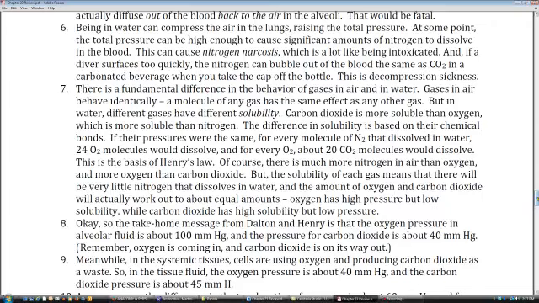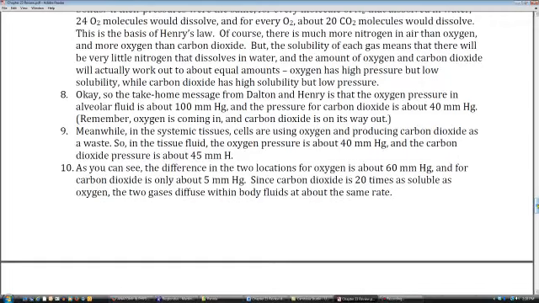So in summary then, oxygen has high pressure, but carbon dioxide has high solubility. And because these are the two factors that we take into account, the two gases diffuse at about the same rate. Now, the 100 millimeters mercury for oxygen and 40 millimeters mercury for carbon dioxide are in alveolar air.